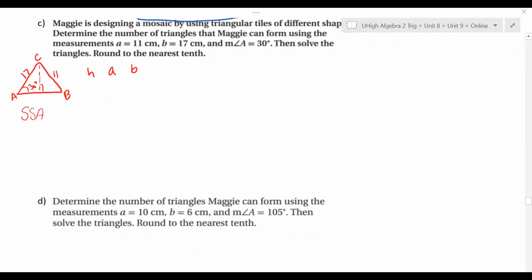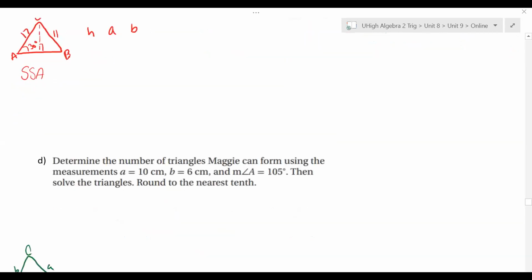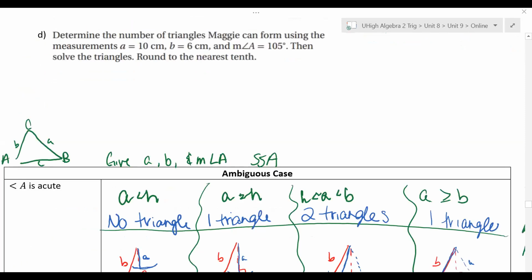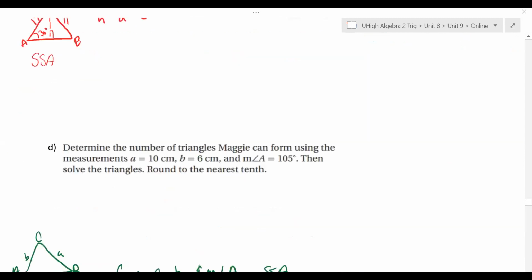So let's look, how does this relate to our triangles down here? Well, right now, the only thing that we have all the information to find is to see if A is greater than or equal to B and have just one triangle. So let's take a look.